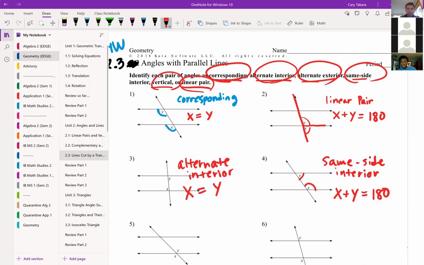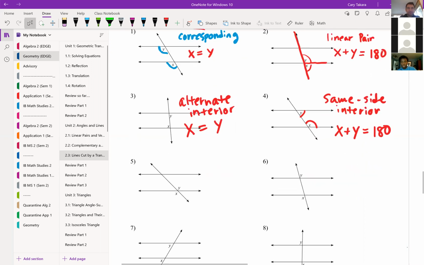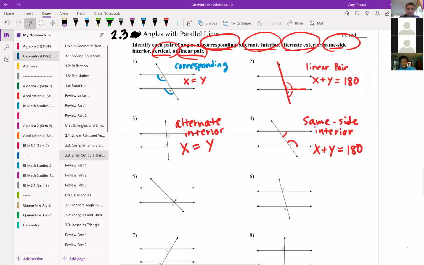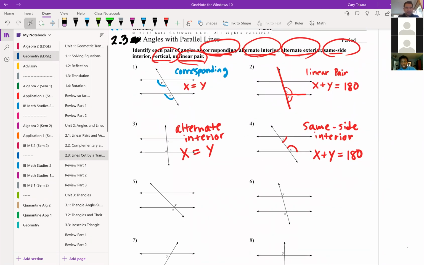Okay, number 5. What do you call that X and Y? Again, the answer choices are right here. There are 6 of them. Which one is it? Any taker on that? Number 5?